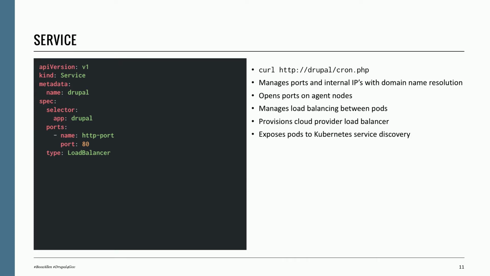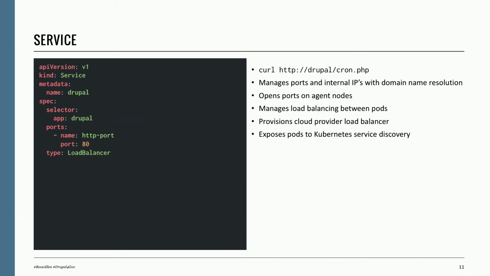If you have two copies of Apache running on the same virtual machine, that means they can't both be on port 80. So there's going to have to be some abstraction there as well. If you've got something running on port 30,000, 30,001, how are you going to manage all of that?